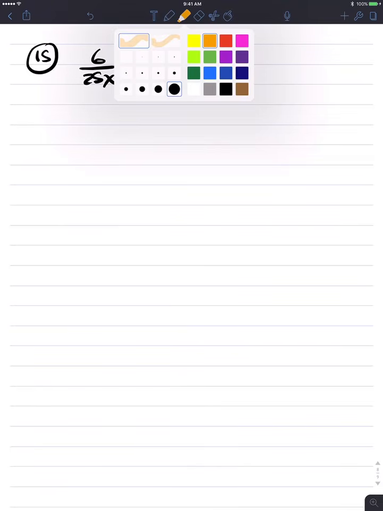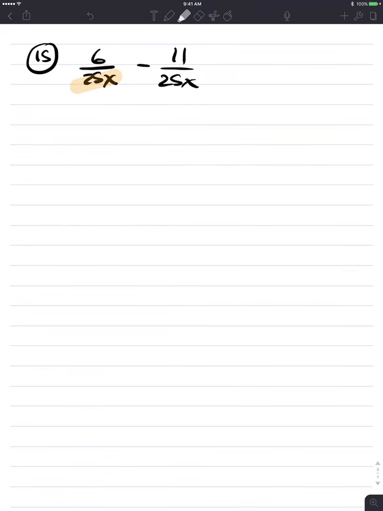Number 15. 6 over 25x minus 11 over 25x. We have the same denominators. I'm going to subtract our numerators and keep this over the 25x denominator.